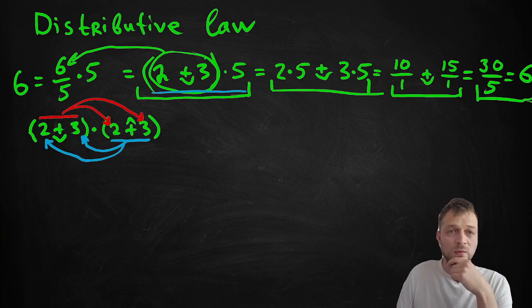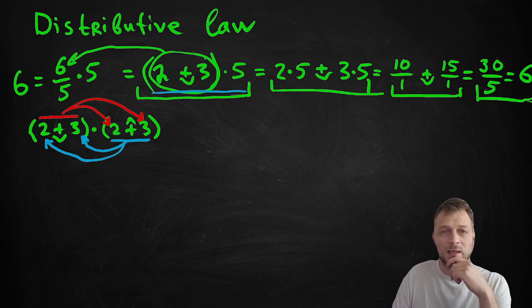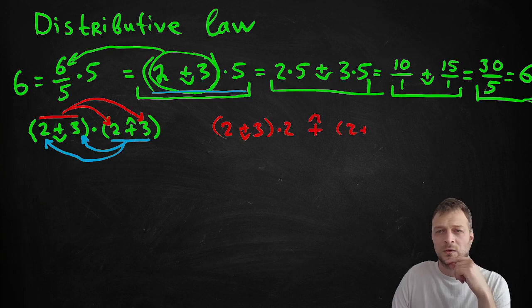In case of the red arrows, I will get 2 plus 3 multiplied by 2, and then plus 2 plus 3 multiplied by 3.